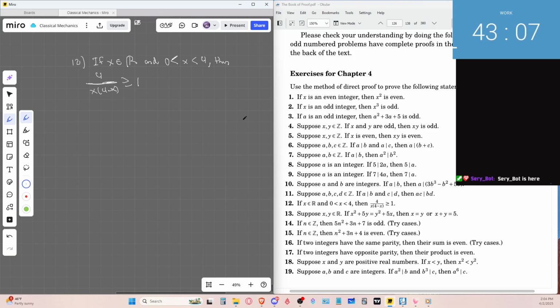Okay, this is an interesting one. So basically, proof. Suppose x is a real number and 0 is less than x.